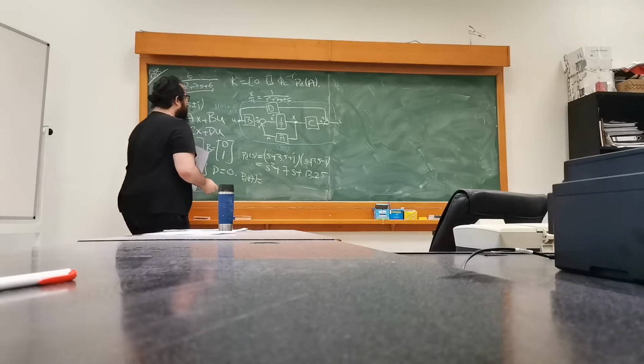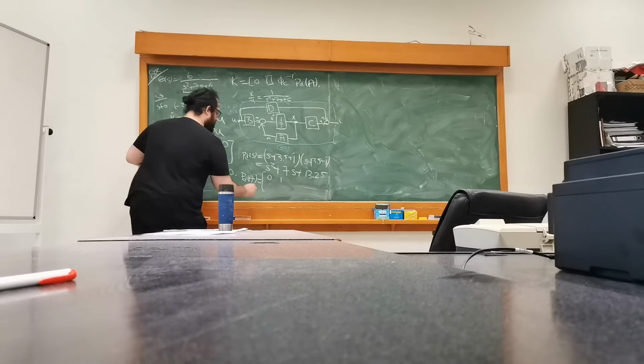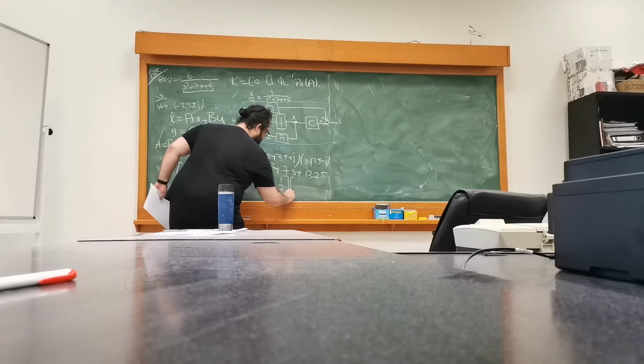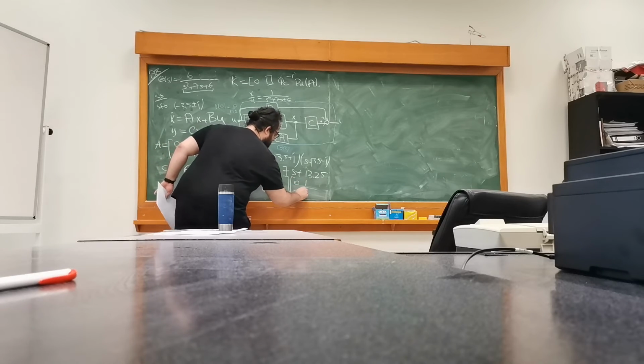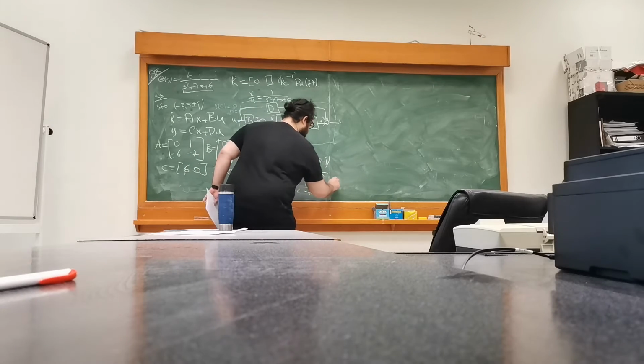That would be the square of A. Now, since this is A, minus 6 and minus 7, and 7s.